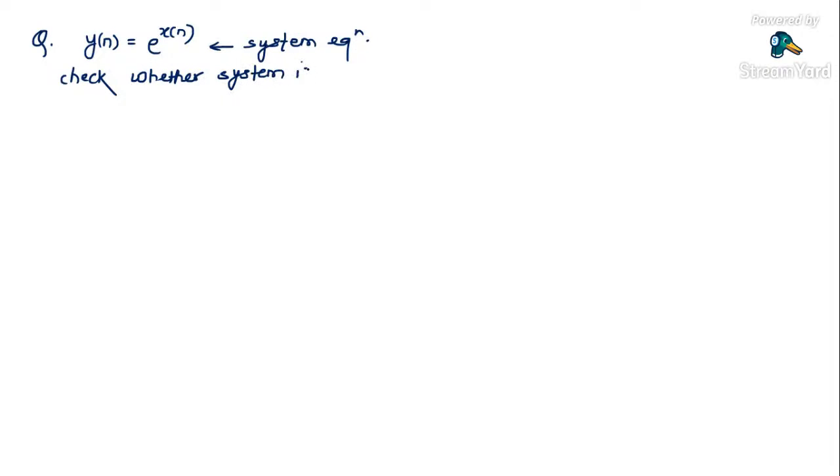Suppose the system is, you have to check all those, means whether it is causal, non-causal, whether it is linear, non-linear and all. So for y of n is equal to e raised to x of n, suppose this is the system equation given. Now what you have to do, you have to check whether the system is first static or dynamic.